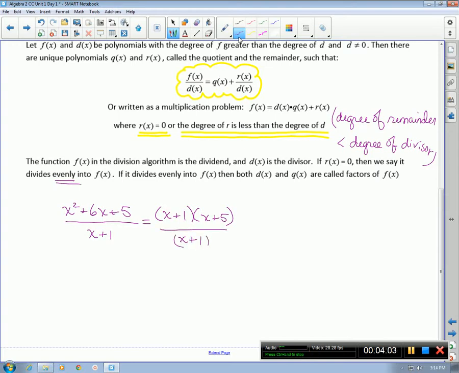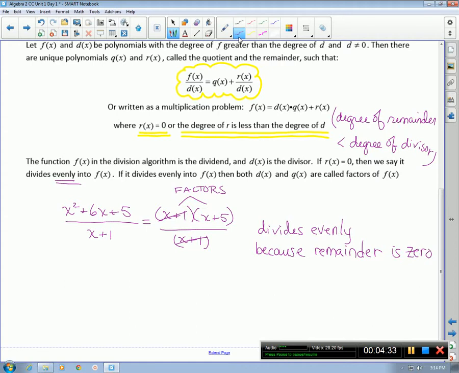And you can see these factors will reduce out. So these factors will each actually divide evenly. And we know that because the remainder is 0, or there is no remainder. And these themes will be coming up throughout the lesson.